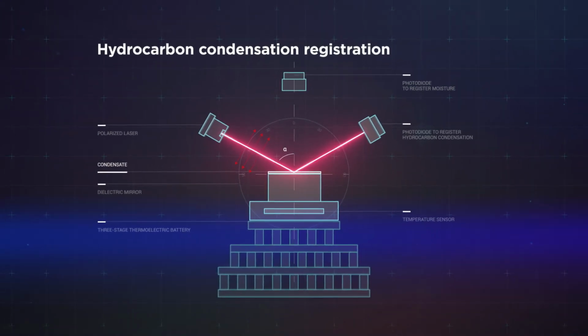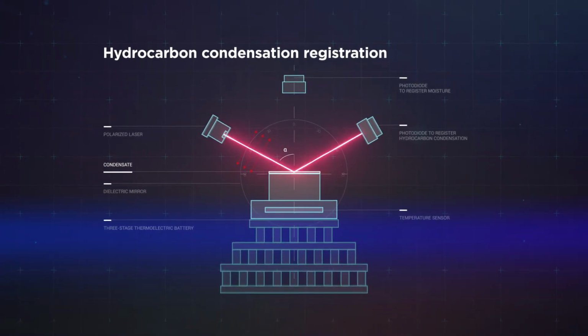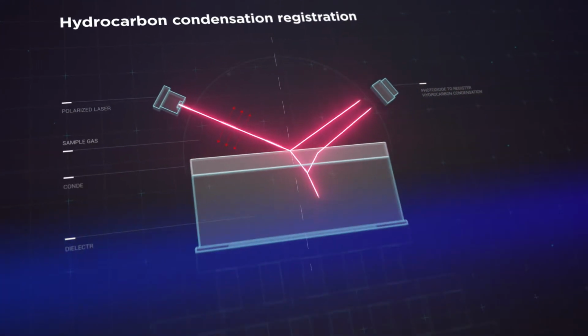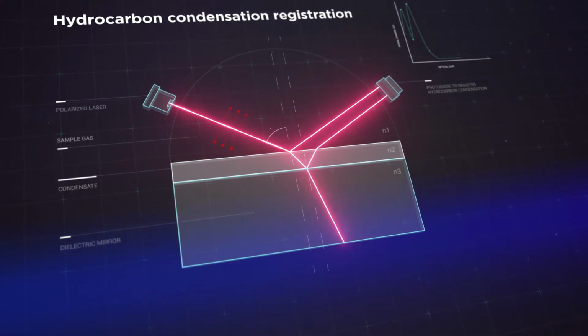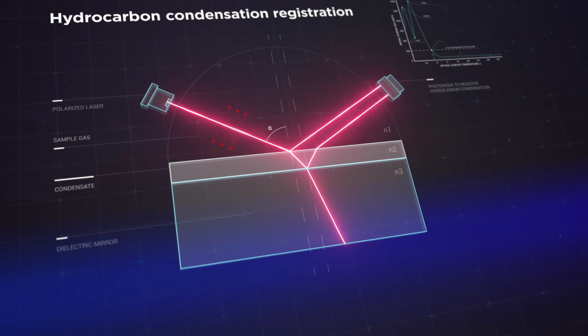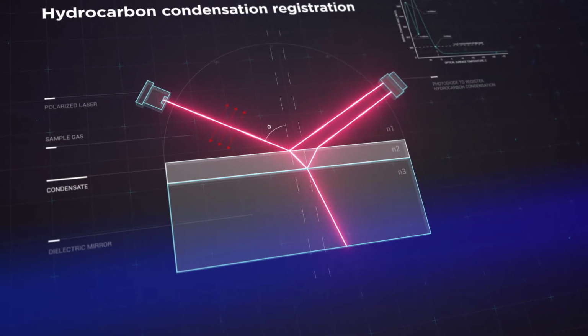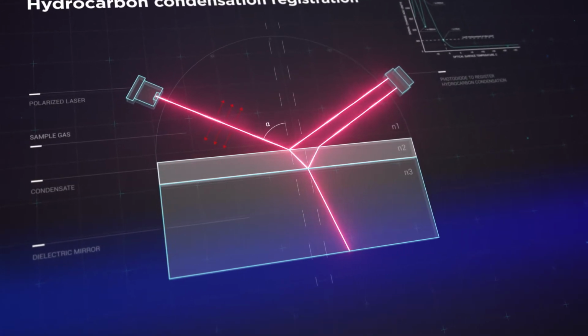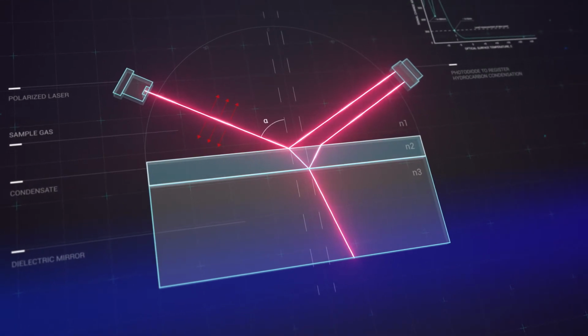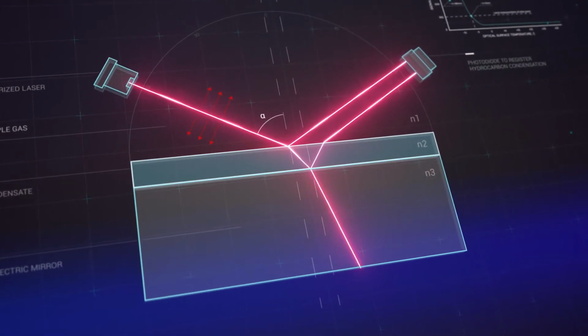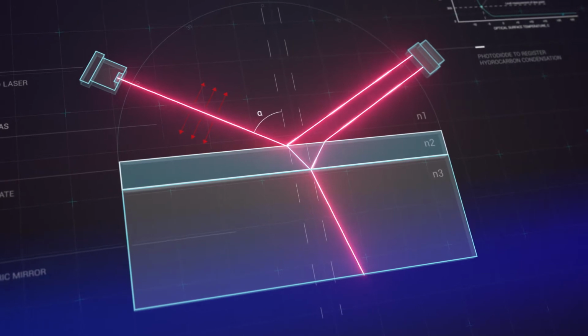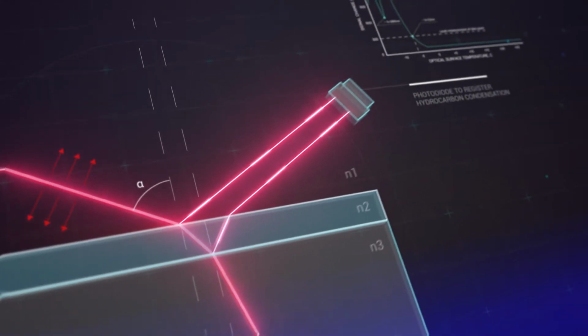At the same time, due to the optical transparency of the hydrocarbon film, a second beam of light appears following a slightly altered path. These waves are partially reflected at the film-mirror interface. As a result, the photodetector receives two distinct reflected beams of light, which are out of phase, and these beams generate a pattern of interference.